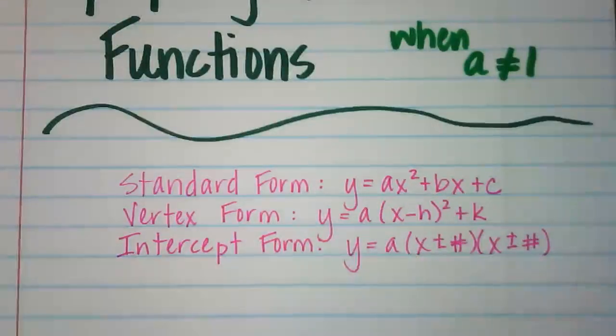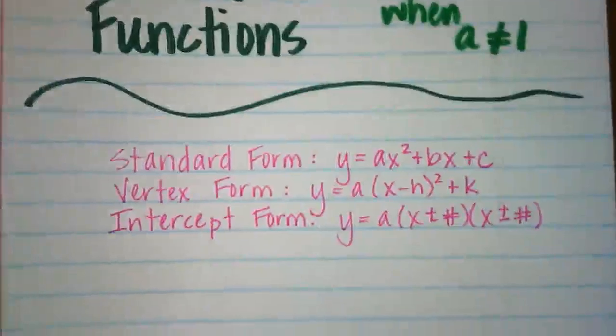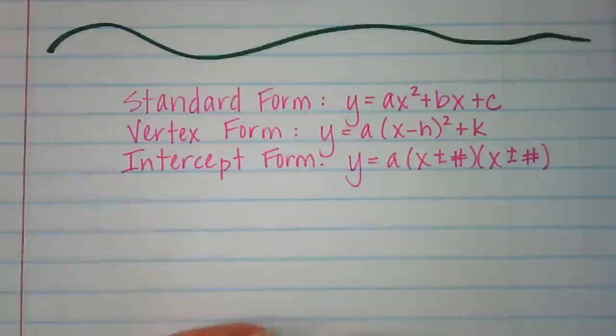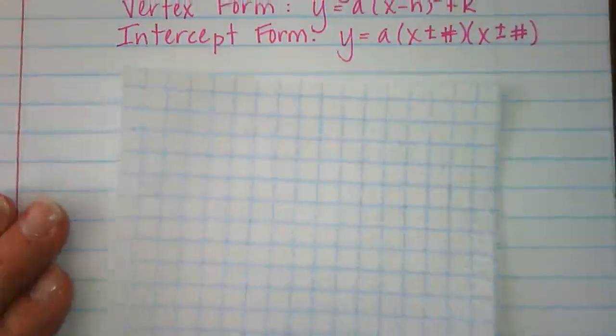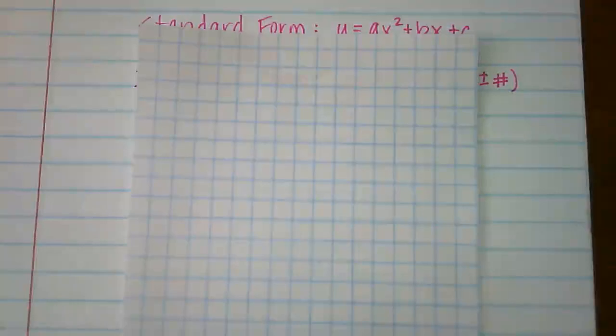So you're going to want a piece of graph paper to go along with this. You can sketch it on your notebook paper as well, though graph paper is usually pretty easy. If you need to pause the video to get yourself a piece of graph paper, then please do. I'm going to zoom out just a little bit.